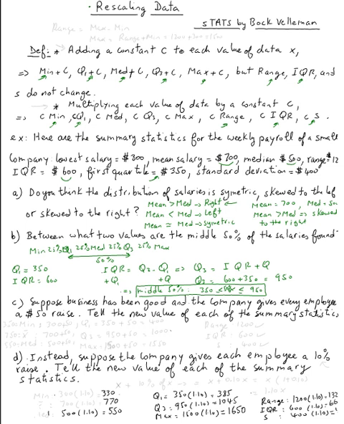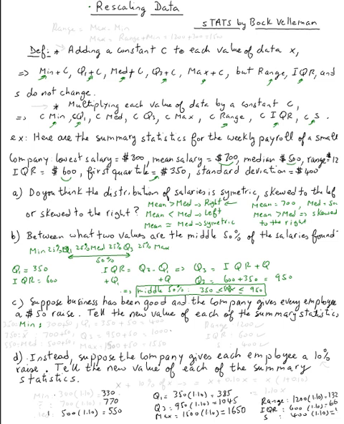All right, now next question C. Suppose business has been good that the company gives every employee a $50 raise. Tell the new value of each of the summary statistics. So let's just write each one of them. I like to start with the min.